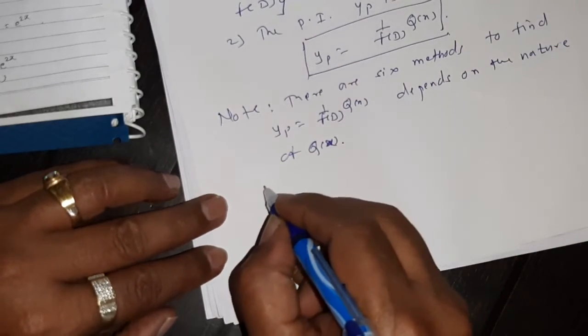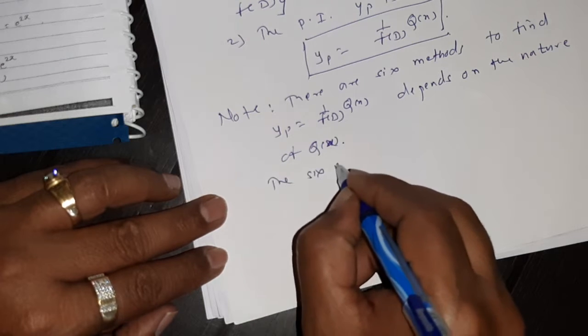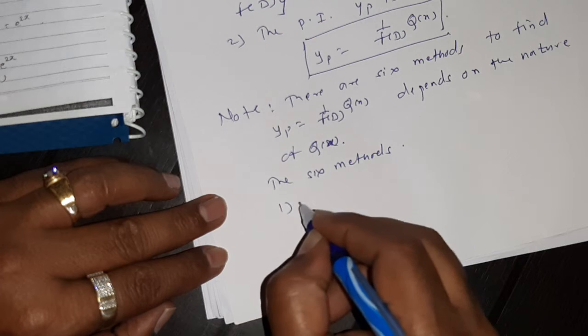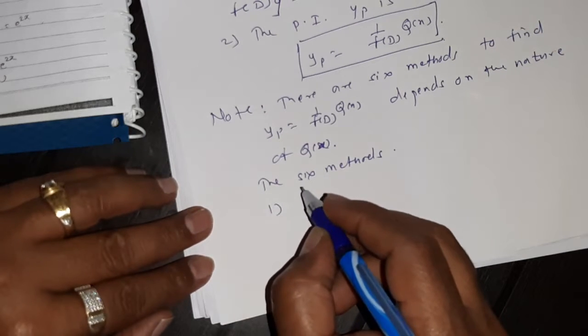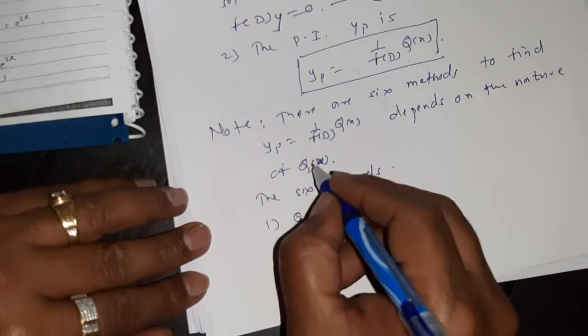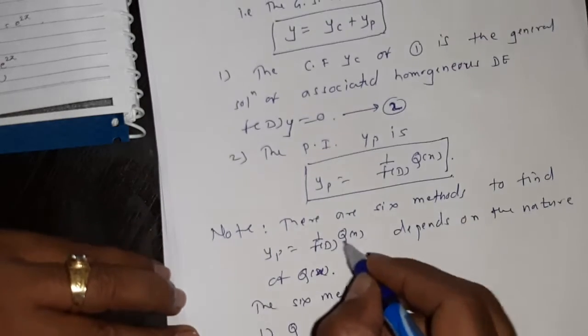So what are the 6 methods? Here Q(x) is either capital Q(x) or small q(x).